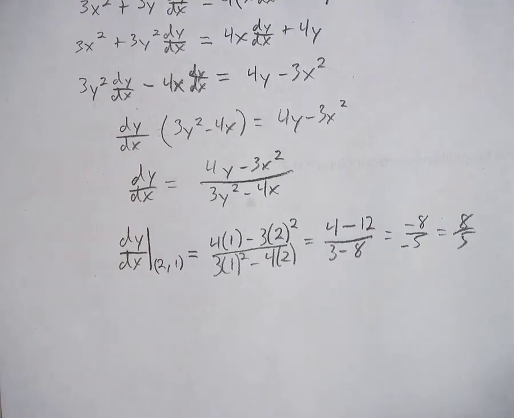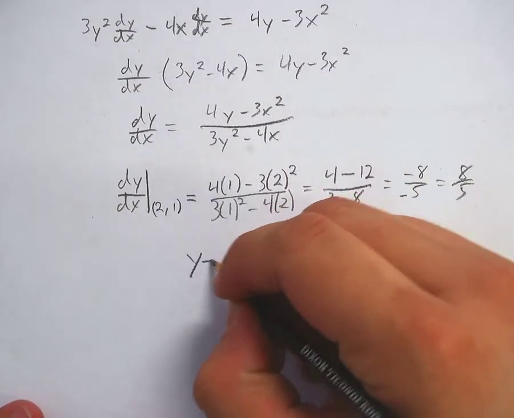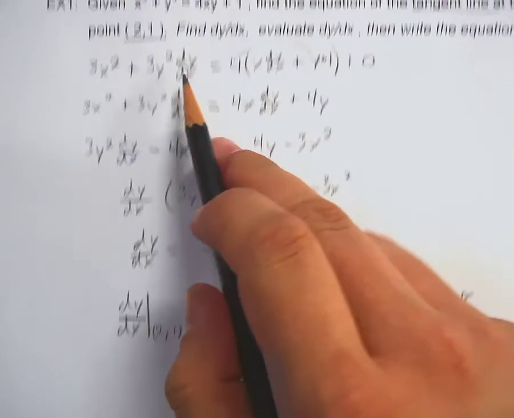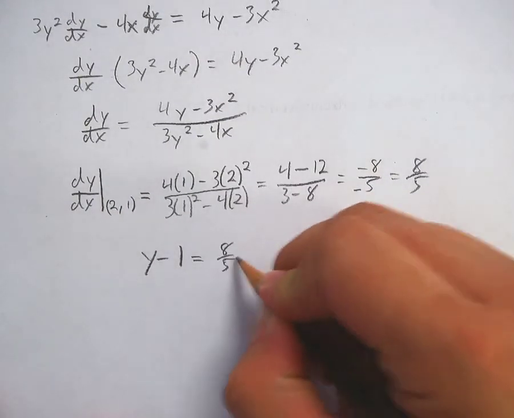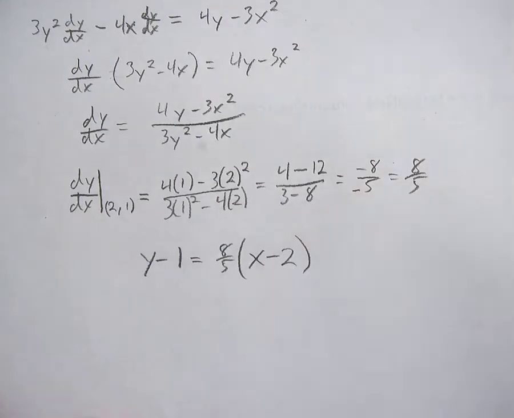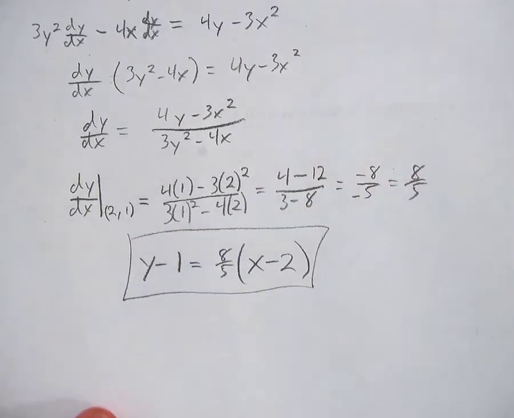So I've got a slope of 8/5. So pretty easy enough. y minus y1, which is 1, this comes from my point right up here, (2, 1), is equal to 8/5, my slope, times x minus x1. Not too bad, is it?